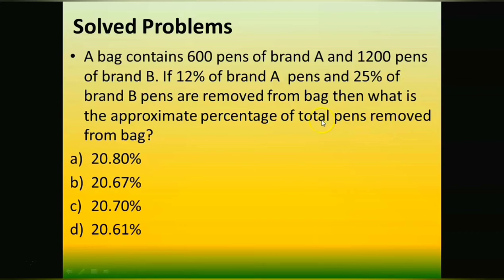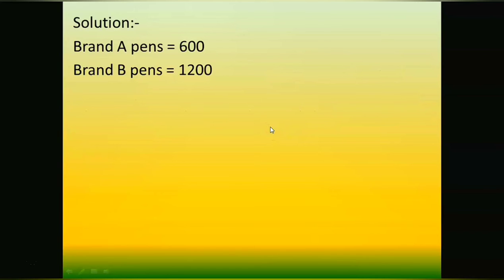So first we should know how many pens are removed, and we also need to calculate how many pens in total are there in the box. Okay. So brand A pens are 600 and brand B pens are 1200. So in total there are 1800 pens in the bag.